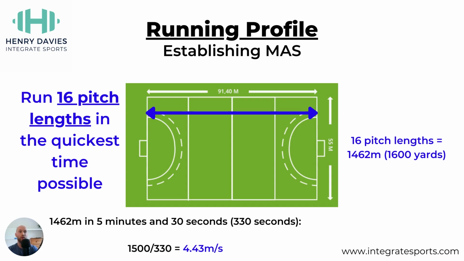If we go out very, very fast, then it's likely we're going to hit a wall quite quickly. So we need to ensure that the speed we're running at is pretty sustainable. If, for example, this athlete we've made up here could run 16 pitch lengths in 5 minutes and 30 seconds, that gives 330 seconds.